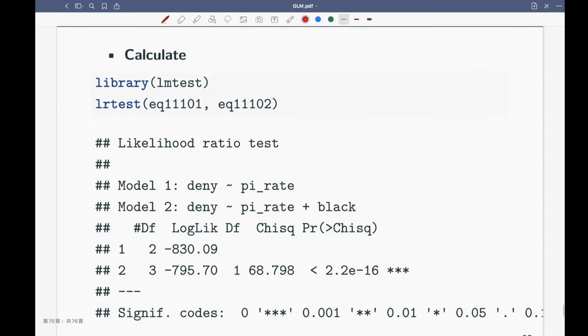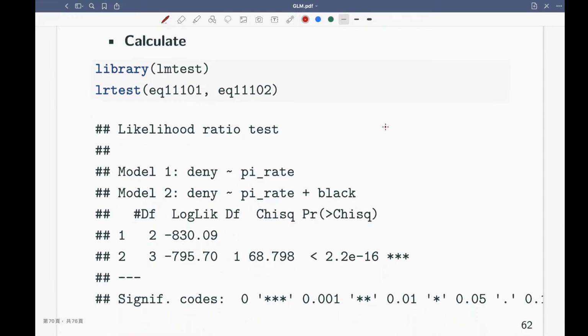In R, the lrtest function is in the lmtest package. So you should load this package, lmtest. And here, write down model 0 and model 1. Model 0 is simple and model 1 is complicated.